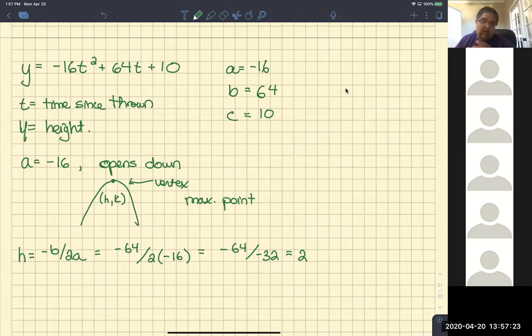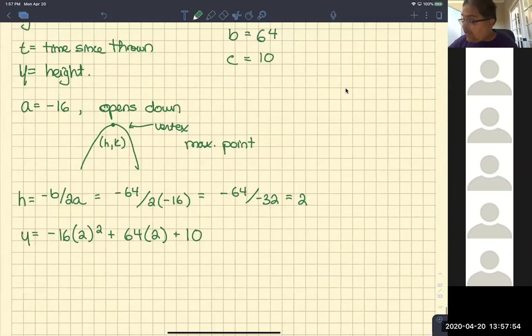Well, that answers one question, when it reaches the highest point, but it doesn't answer the second question, which is, what is that highest point? What's the maximum height that ball is going to achieve? Well, to find it, remember we have to find the y-coordinate of the vertex. So to find the y-coordinate, now that we know the x, you plug it in. And basically you do the math.